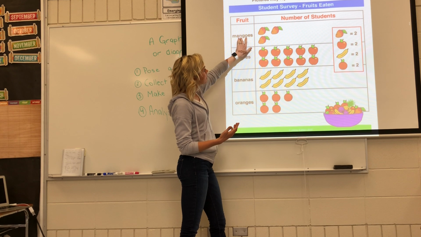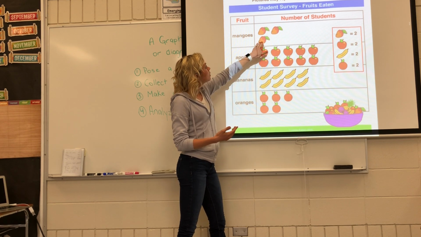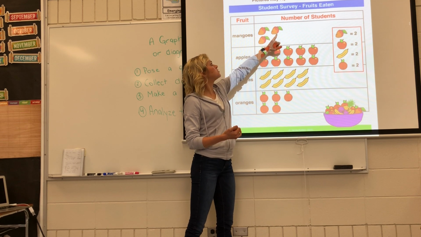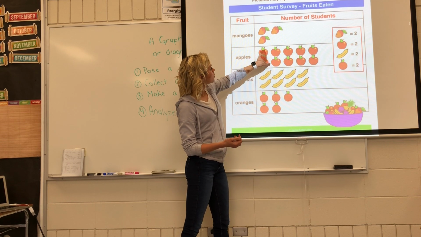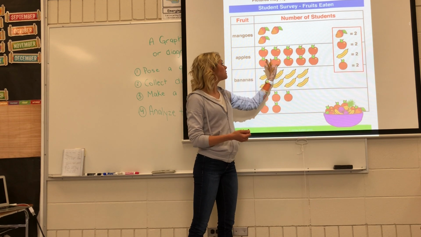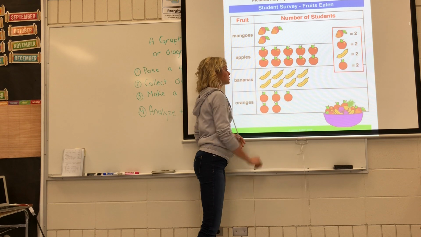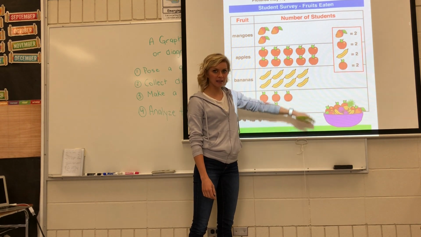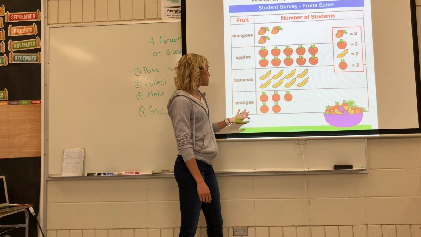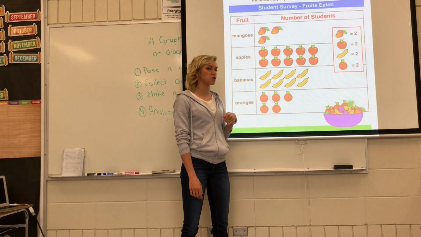So for mangoes, they had 3 people who ate mangoes. So they drew 1, 2, 3 mangoes. For apples, they had 1, 2, 3, 4, 5, 6, 7, 8, 9, 10. So they drew 10 apples in the apple column. Then there was 8 bananas, so they drew 8 bananas. And there was 5 oranges, so they drew 5 oranges.